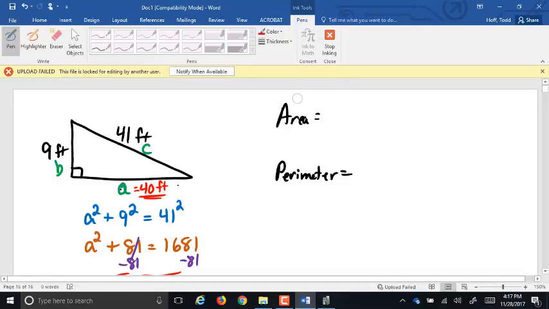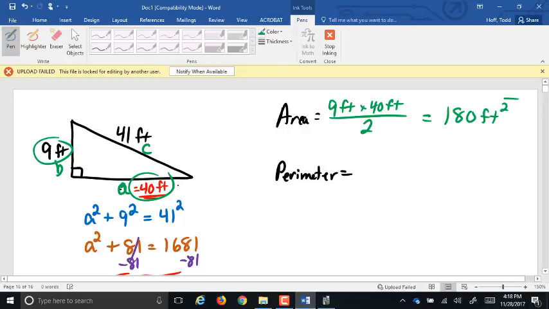So up here to find area, which two sides are we going to multiply together for area? 9 and 40, there we go. It has to be perpendicular dimensions. So 9 feet times 40 feet, or it could be 40 times 9, will be the same thing, divided by 2, of course, 180, and of course feet times feet is feet squared.